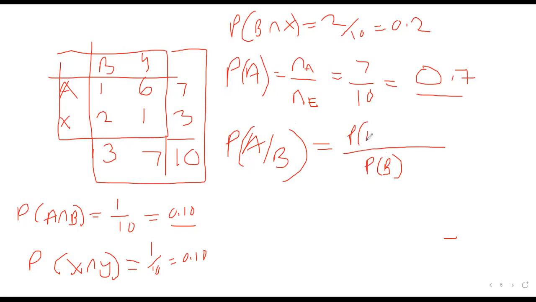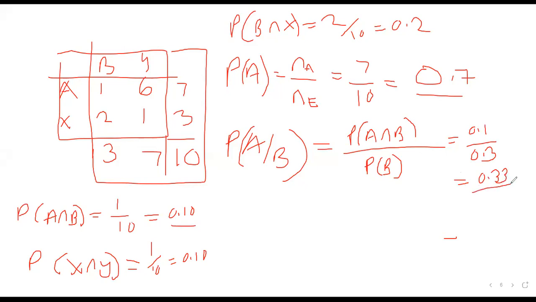So we have our A intersection B here as 0.1. You put it here. And we have the probability of B was 3 out of 10, which is 0.3. So when you divide this, we're going to get 0.33.